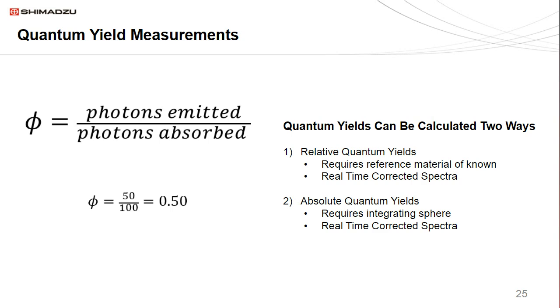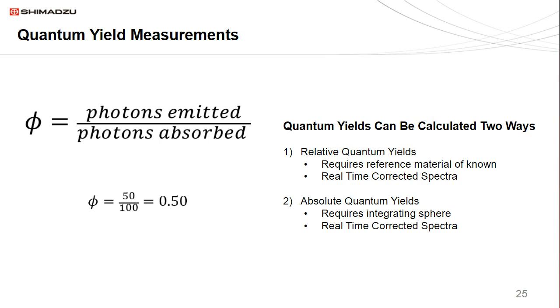We can measure quantum yields two different ways. Both of these ways require a corrected spectra, which is why we went over looking at corrected spectra first. A relative quantum yield requires a reference material of known quantum yield. The absolute quantum yield does not require a reference material, but it does require an integrating sphere.